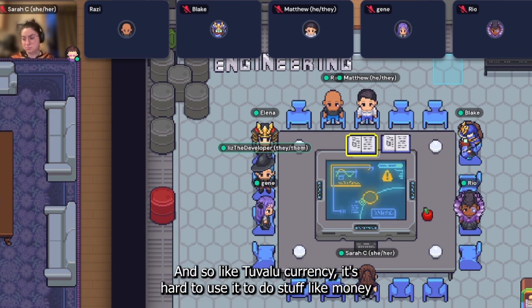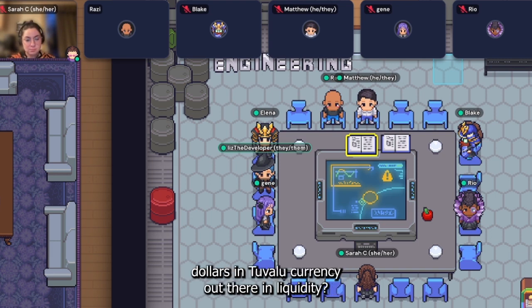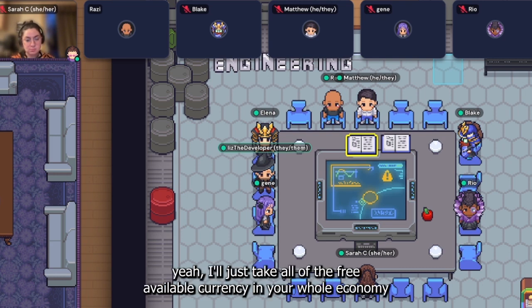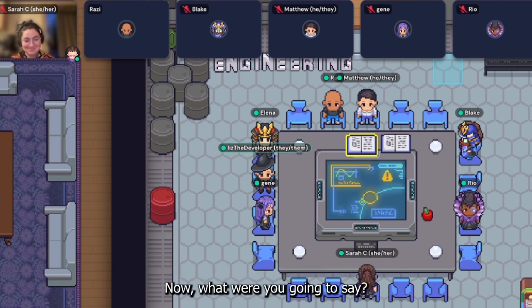So with Tuvalu currency, it's hard to use it to do stuff like money laundering because are there a million free US dollars in Tuvalu currency out there in liquidity? Maybe not. It would be very easy for you to see that transaction if you're like, yeah, I'll just take all of the free available currency in your whole economy and use it to execute one transaction. That seems legitimate. No.